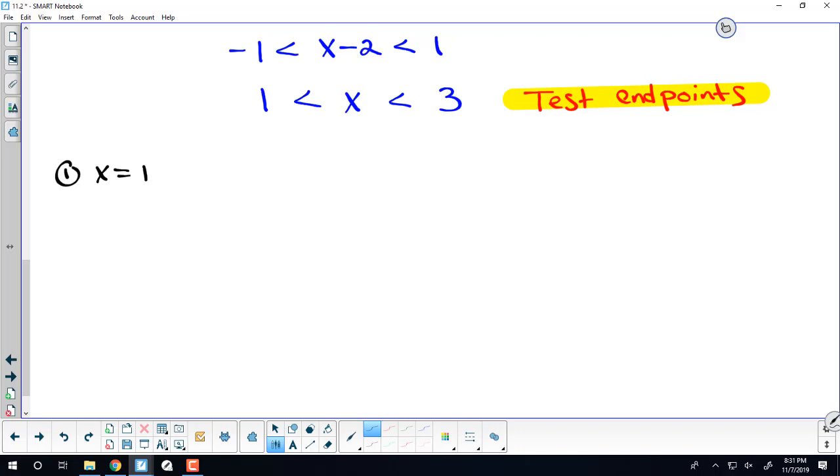So when x equals 1 or 3, again, we're putting those values back into the series, x minus 2 to the k over root k.